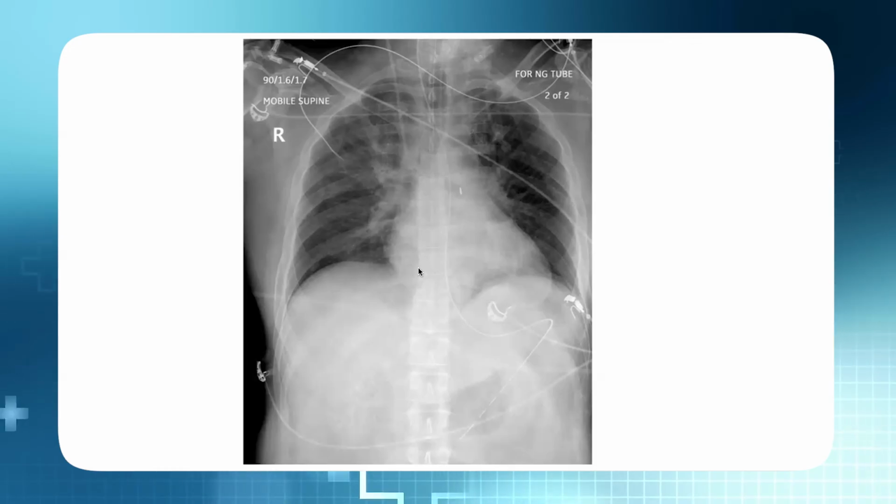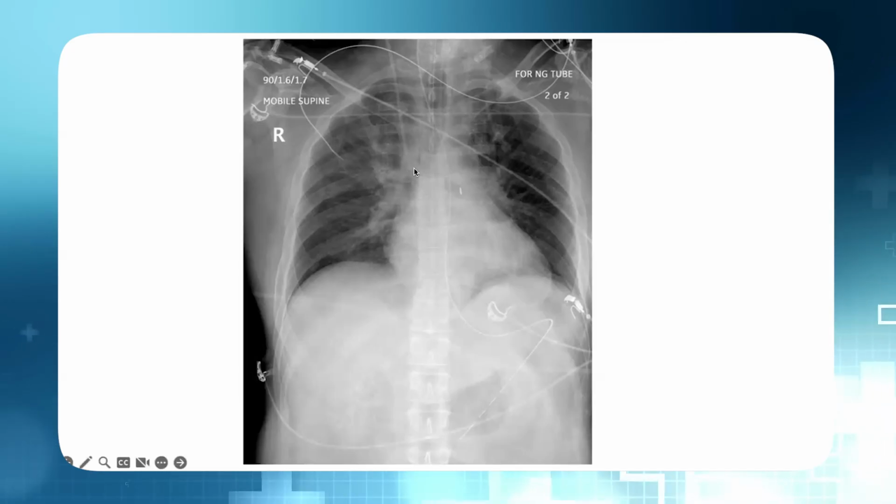Now here, what are you seeing? A right CVP line, endotracheal tube, ECG leads with wires. You have seen the CVP line over here.